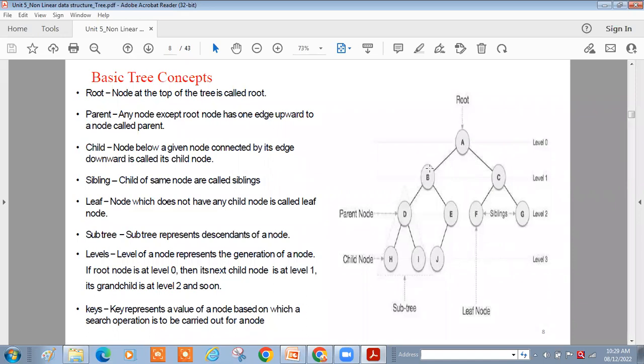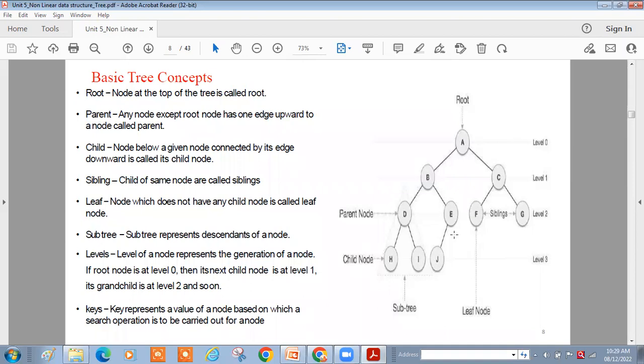So you can see this is called a parent when it has one node upward. These are also parents. Here in this diagram, you can say B is a parent node, C is a parent node, D is a parent node, and E is a parent node.